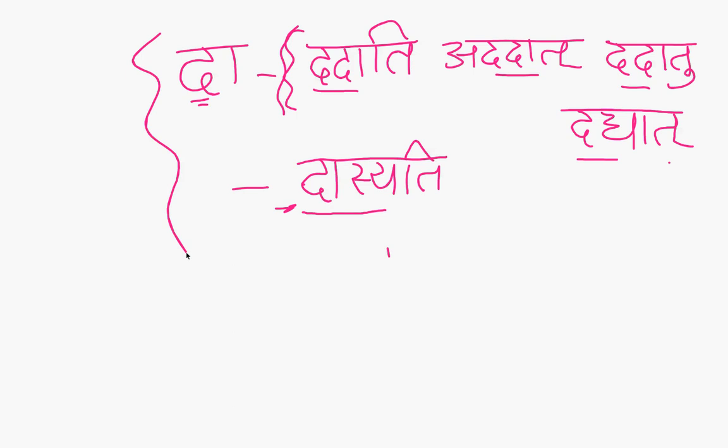So the bottom line is this set of four lakaras have this pattern because of the vikarana pratyaya, whereas in the other lakaras that vikarana pratyaya doesn't apply. So the dhatu stays intact there. That's it.